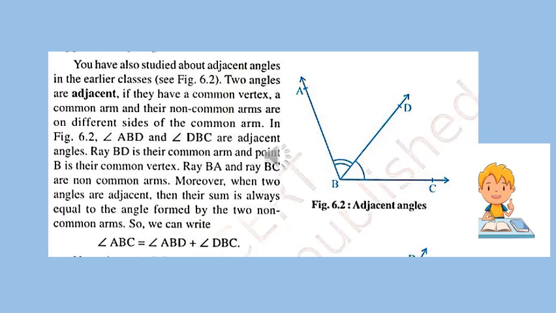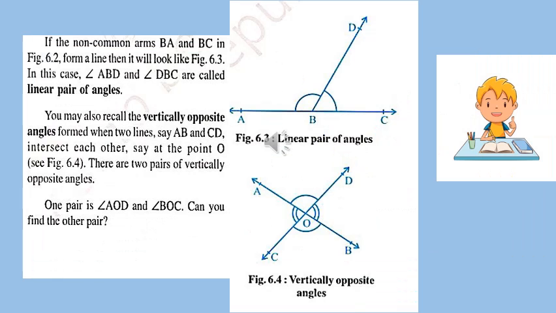If you write the relation in the form of measurement, you can write angle ABC is equal to angle ABD plus angle CBD. If you add these two angles, you will get angle ABC. See here, linear pair of angles.